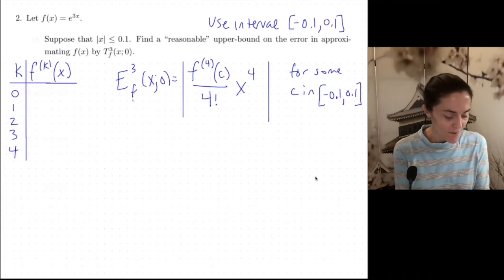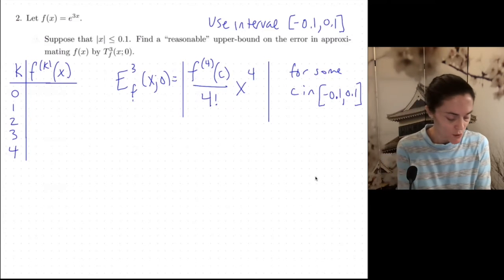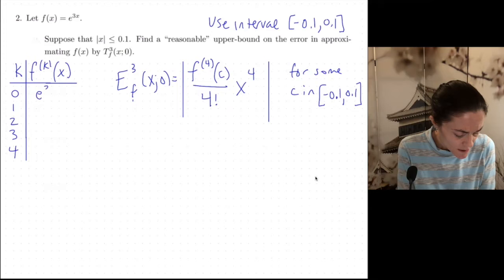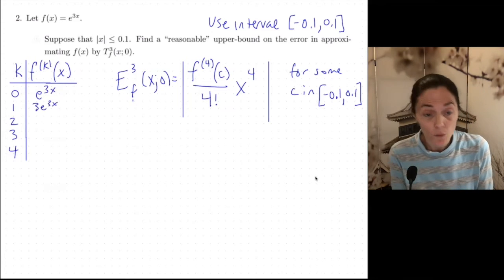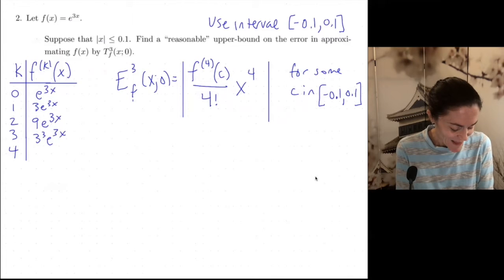Well, here I have this chart, so we can start calculating derivatives to get ourselves to the fourth derivative. My function is e to the 3x. I differentiate. This is chain rule. Differentiate again. Differentiate again. Maybe I'll start writing it as a power. This would be 3 cubed, e to the 3x. And then we have 3 to the 4th, e to the 3x.